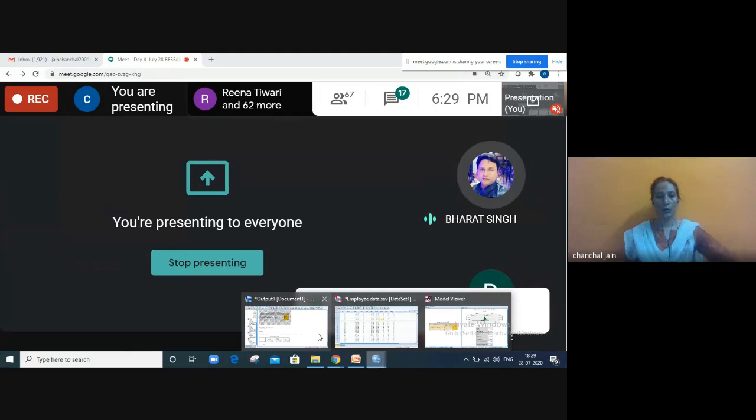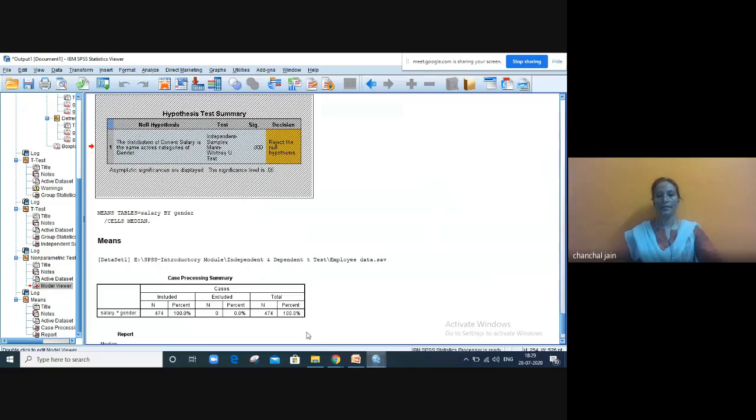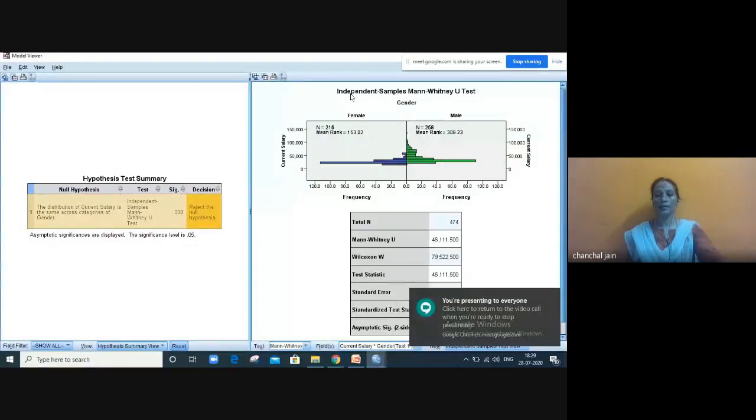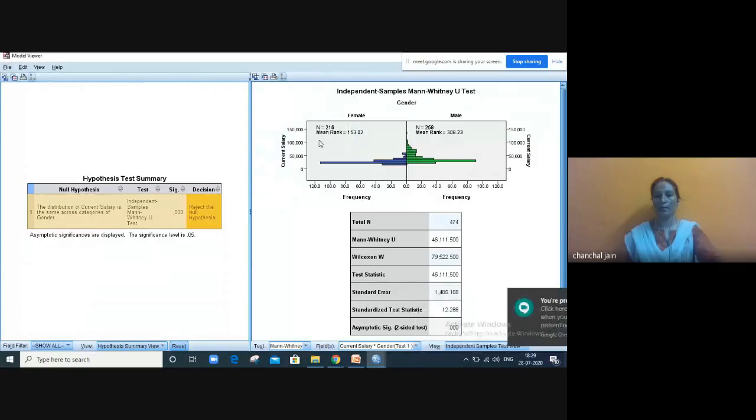Sir, as I have told in the previous answer, it would be the same. These are the results of mean ranks. You can see there is a difference in the mean ranks as well. Mean rank is 153 in case of female and 308 in case of male. The significance value will remain the same in both the cases.